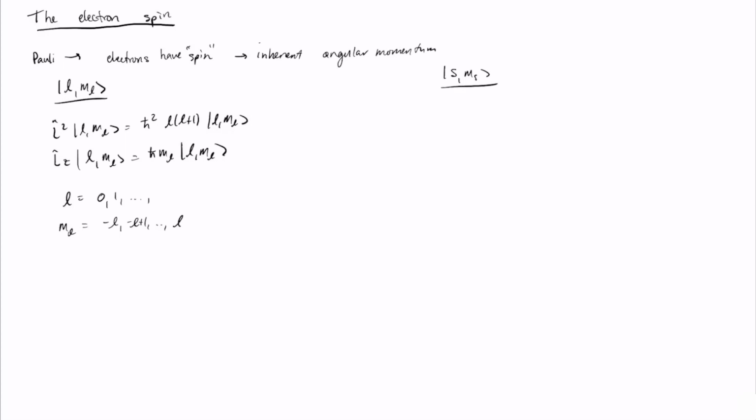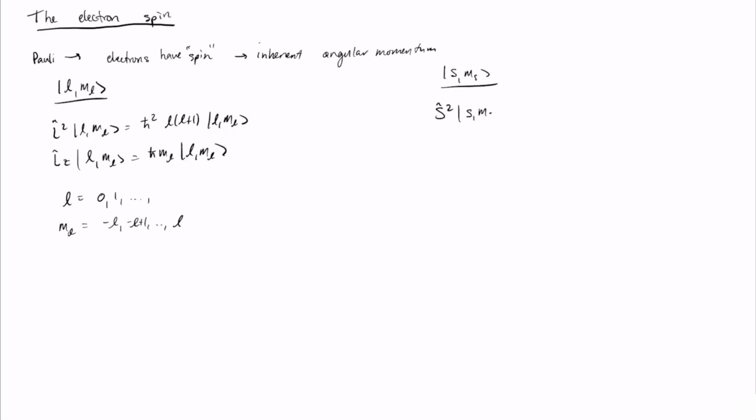So in analogy to orbital angular momentum, we will write in bracket notation |S, m_s⟩, and then we have really similar operators all along. We have an S² operator, which is the total spin, just like L² is the total angular momentum.